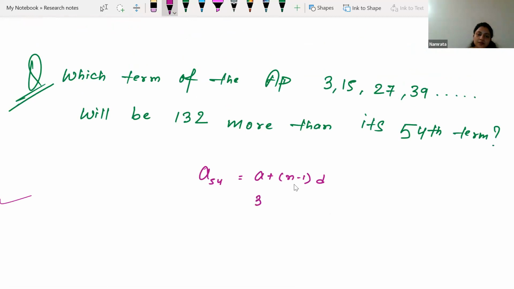So a is 3, 54 minus 1, that is 53, into d is 12.